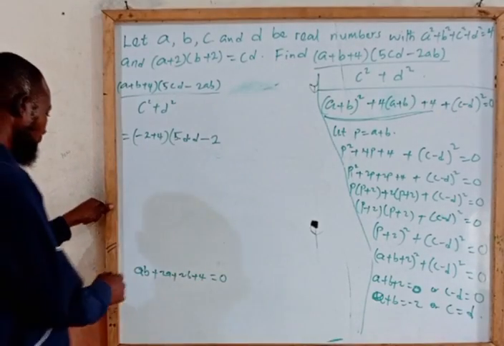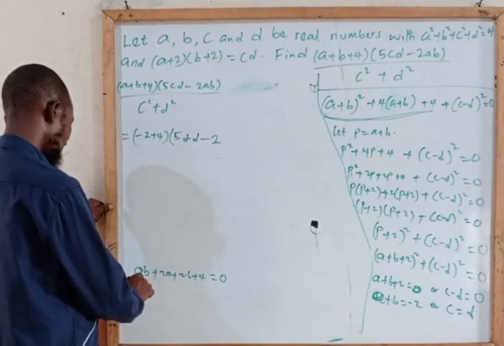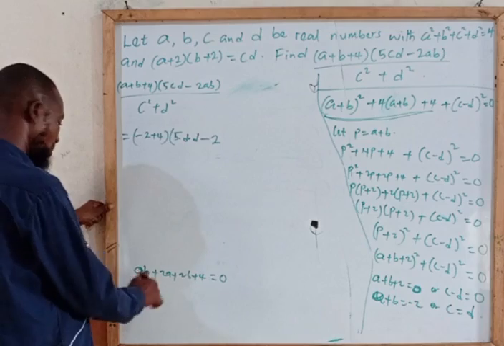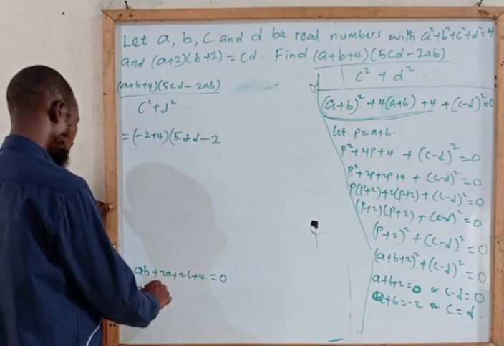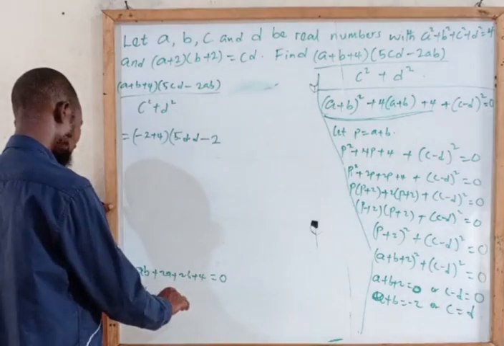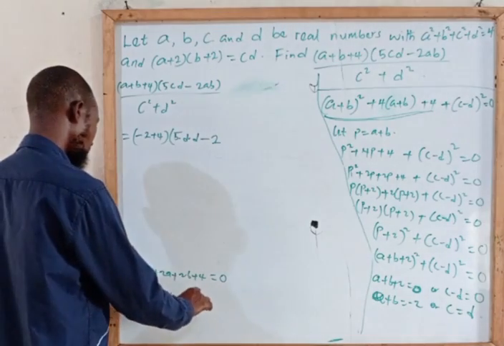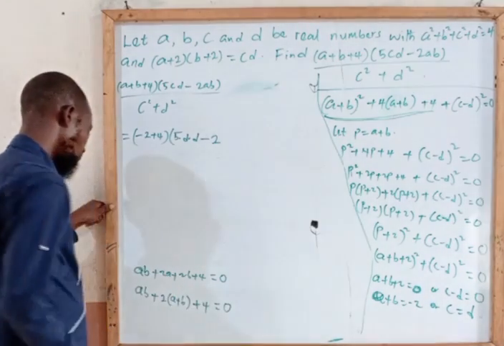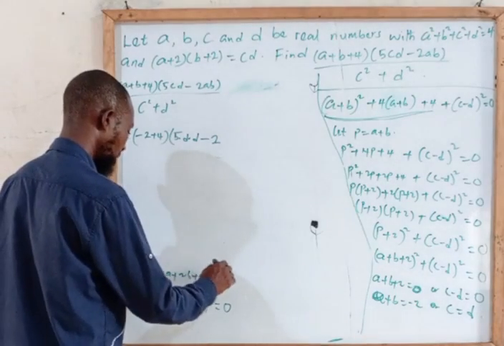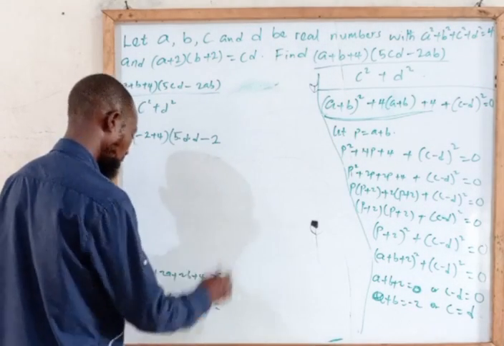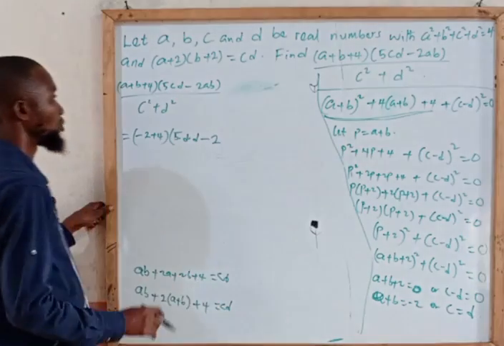So I can write this as AB plus, but look at this place, 2A plus 2B. I think I can express that as 2 into A plus B, plus 4 is equal to, not 0, is equal to CD, when you check equation 2.